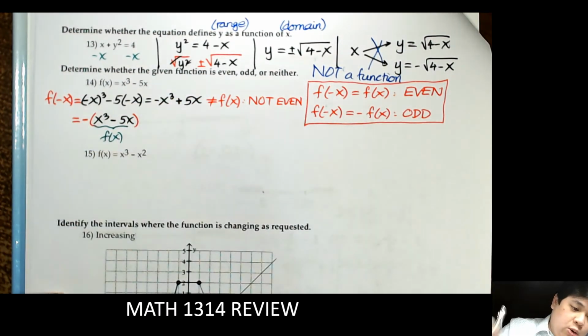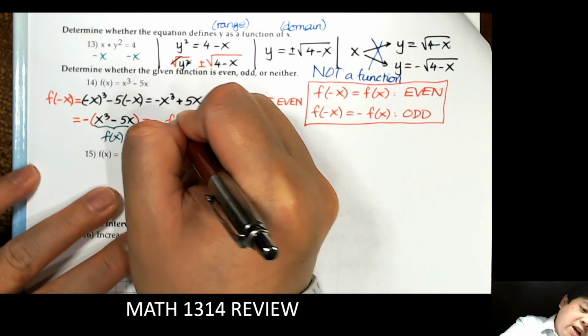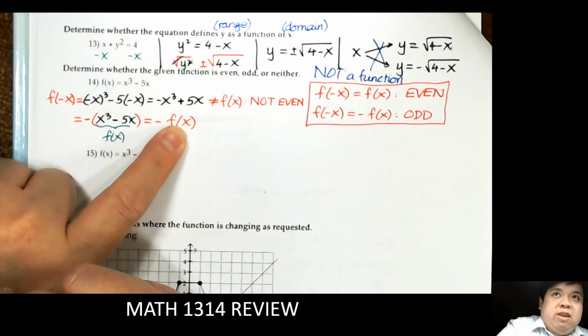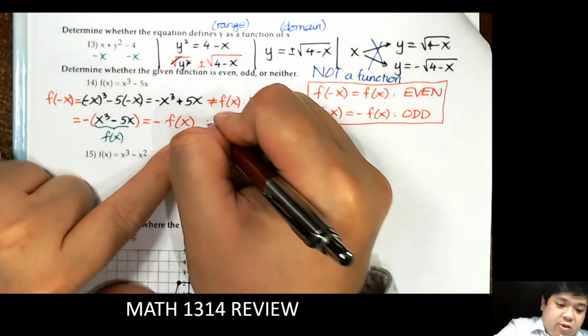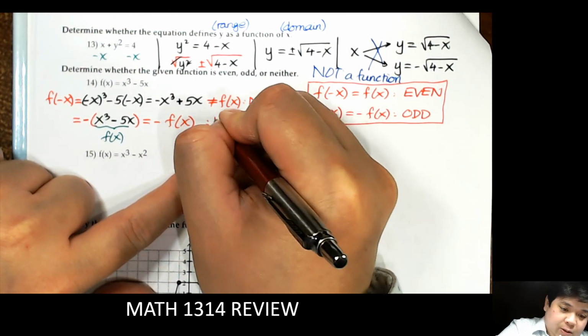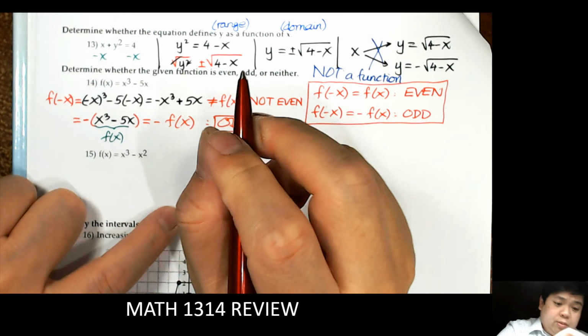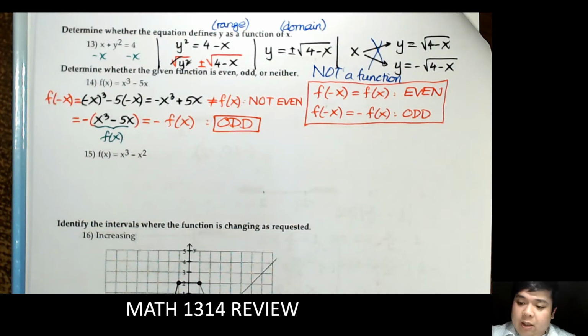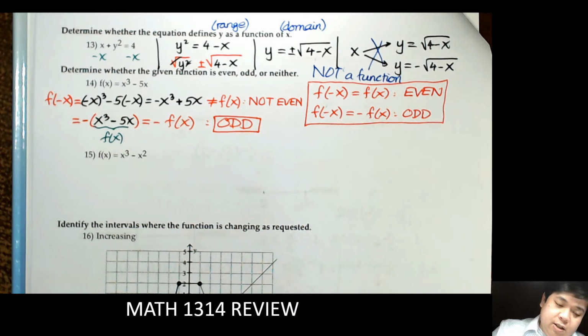So this equals negative f of x. So f of negative x equals negative f of x, which means the function is odd. Right. Next.